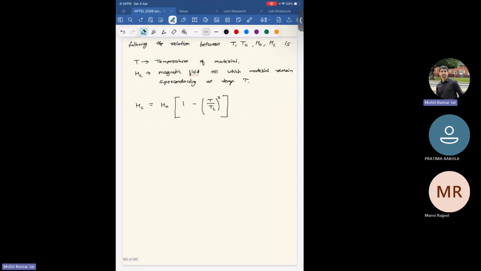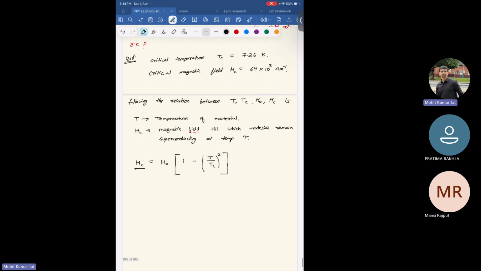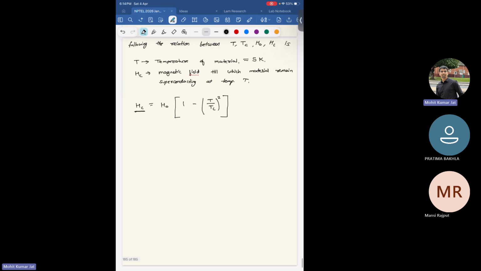So let's just substitute the values because we have to estimate this Hc at temperature T equals 5 Kelvin. So T is equal to 5 Kelvin. This is also given. So we'll just substitute the values to extract Hc.